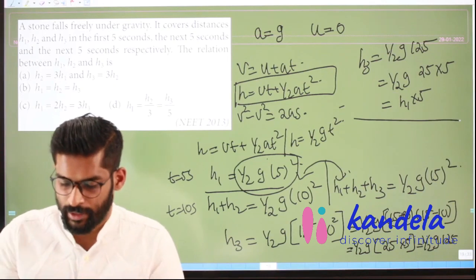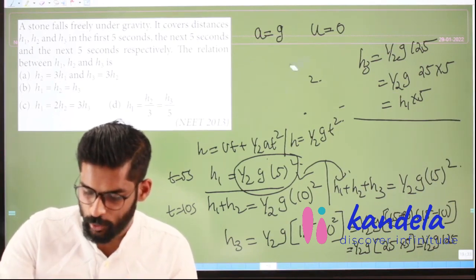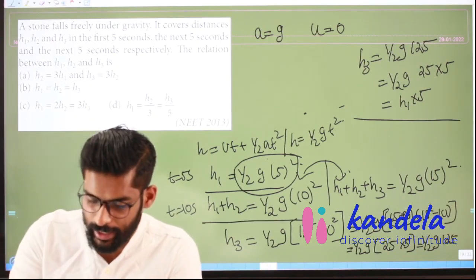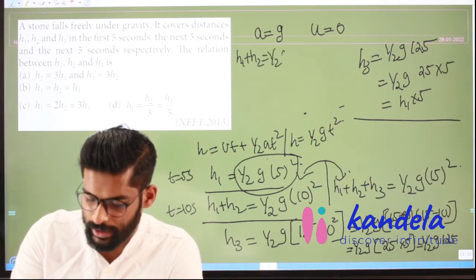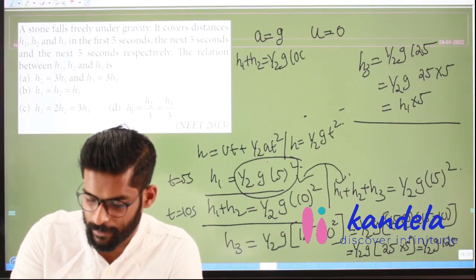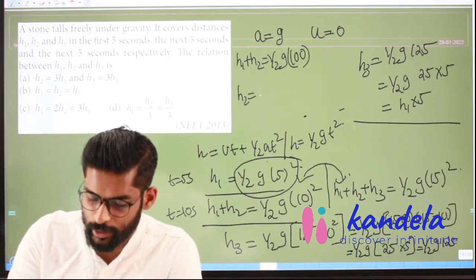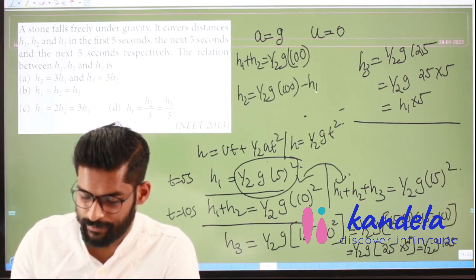Now I can find what h2 is in terms of h1. I can use the second equation. h1 plus h2 is half g into 10 square, that is 100. Also I can write h2 is equal to half g into 100 minus h1.